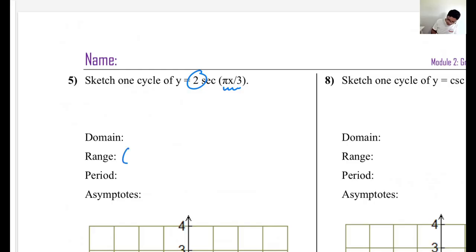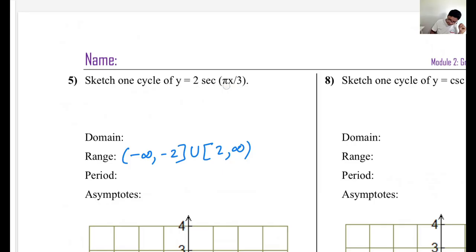That's easier, so first let's do that. Negative infinity to negative 2 now, because your values are vertically stretched. So instead of negative 1, now the values will be negative 2. And similarly, on the upper side, you will be only from 2 to infinity. That's the range.